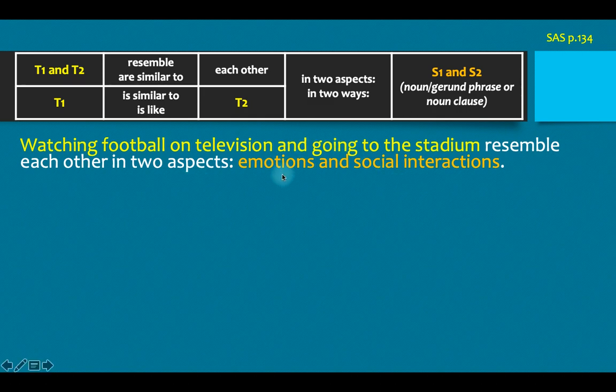Here I'm using two nouns. I should make it clear this structure is not only for gerund type of subjects. We could use the same structure for American football and rugby, but I'm just showing you how to also use it with gerunds.